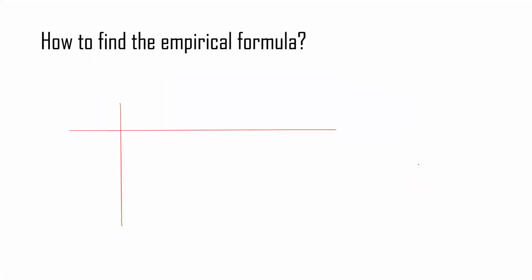So how do we find the empirical formula? What you do is you write elements up here. So we can write, for example, element 1 and element 2. Then we will write the percentage or mass. It doesn't matter at this point.